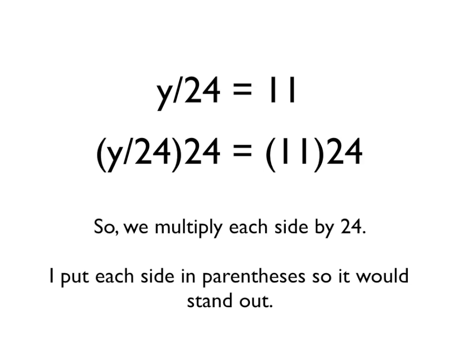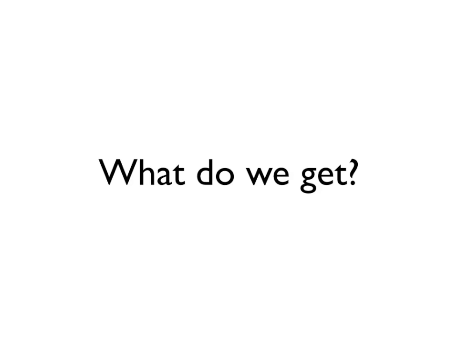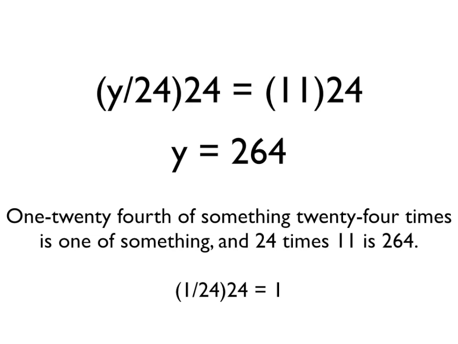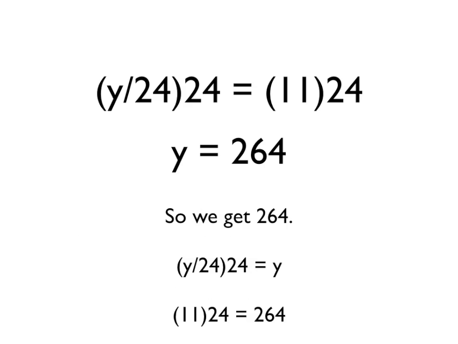Okay, so we multiply by 24. And what do we get? 24 times 11 is 264. So 11 times 24, you multiply and get 264. y over 24 times 24 is y, like we've talked about.